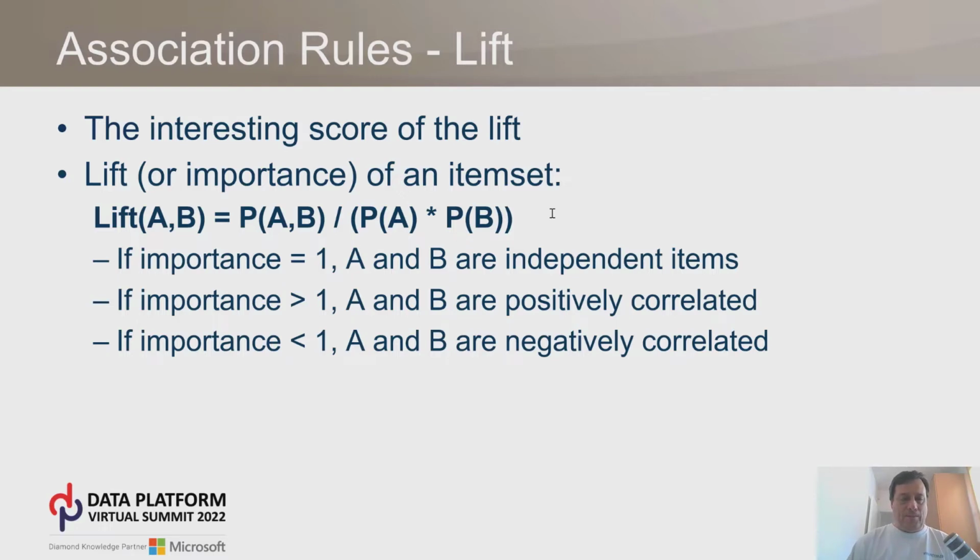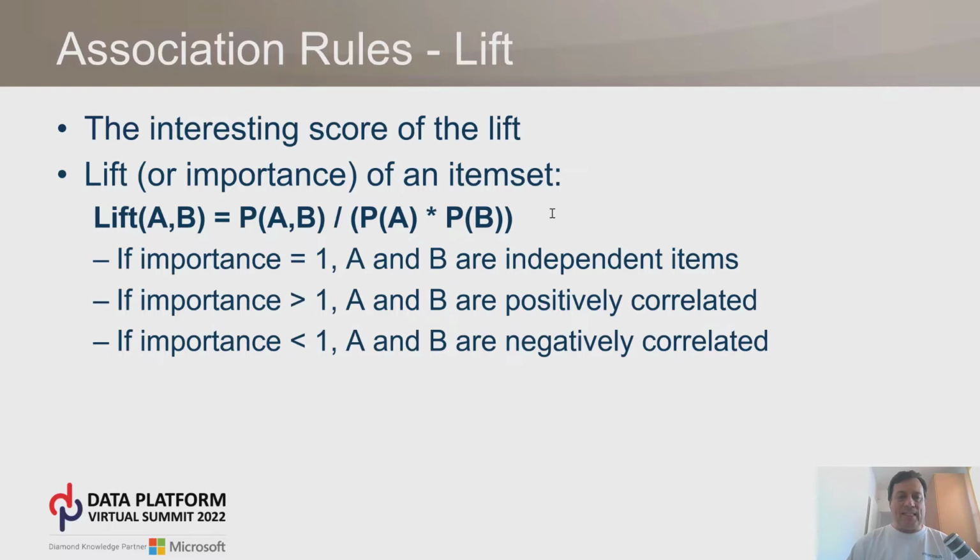Lift of an item set, please note that I'm talking now about item sets again, not about rules, is probability for the combination divided by the multiplication of probabilities for every separate item in this item set. If importance equals 1, then A and B are independent items. So joint probability is practically equal to multiplication of individual probabilities.